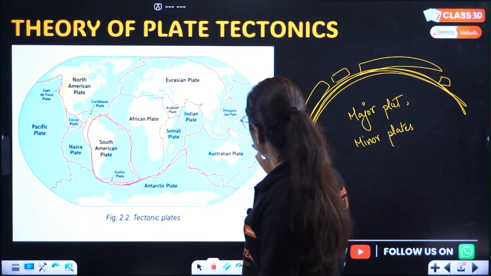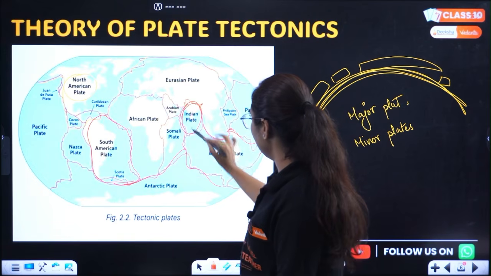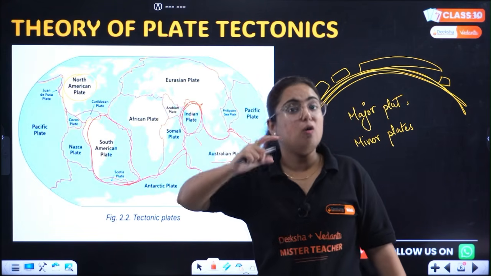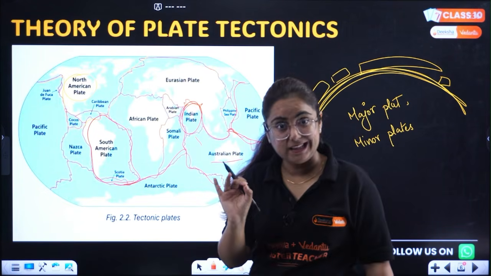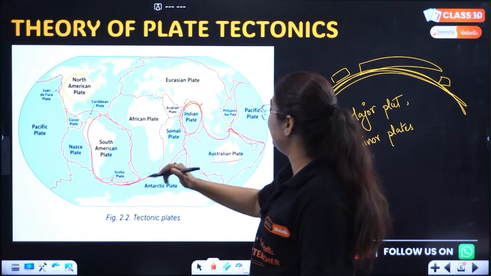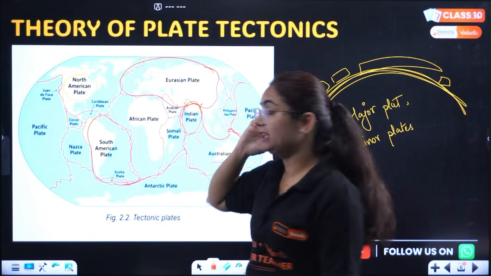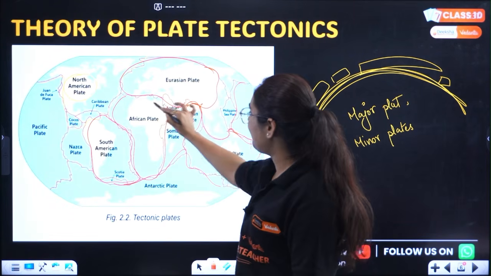Here it is the Indo-Australian plate. Basically this is the Indian plate, and this is the Australian plate, which we collectively call the Indo-Australian plate. This is the Pacific plate, and this is the Eurasian plate, in which both Europe and Asia come. This one is particularly the African plate.